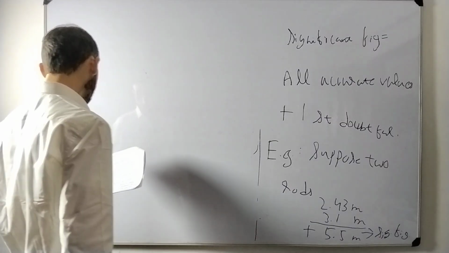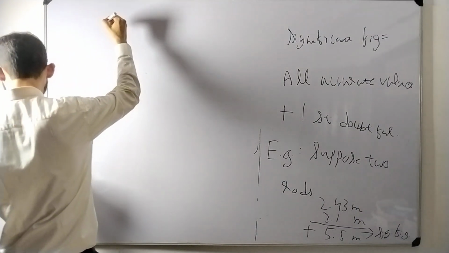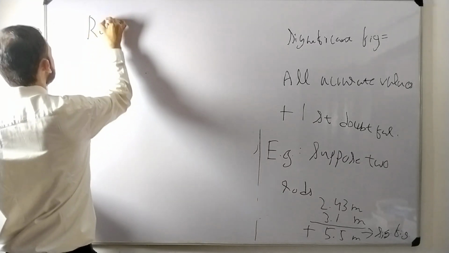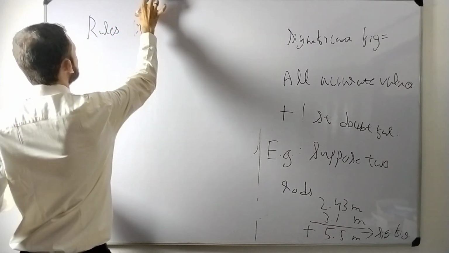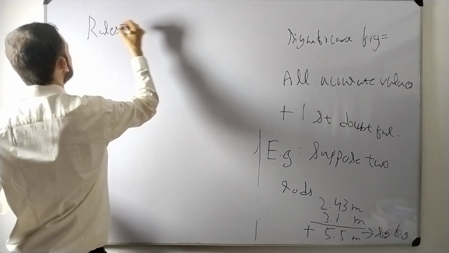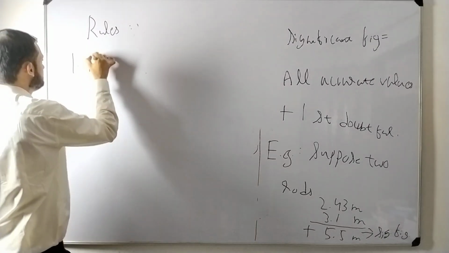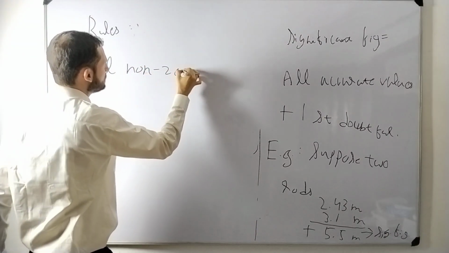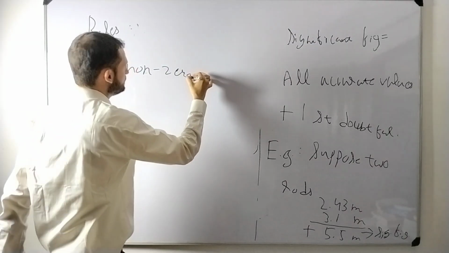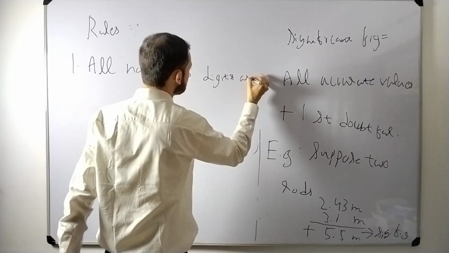Now the next part of this: rules of significant figures. First rule: all non-zero digits are significant.